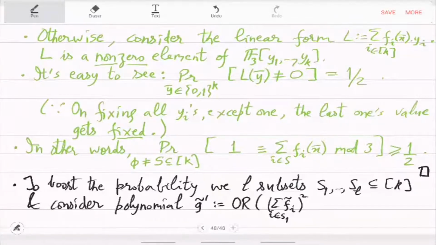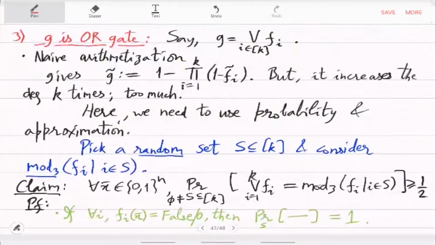So square that. This OR is the polynomial that we have defined here in the beginning.